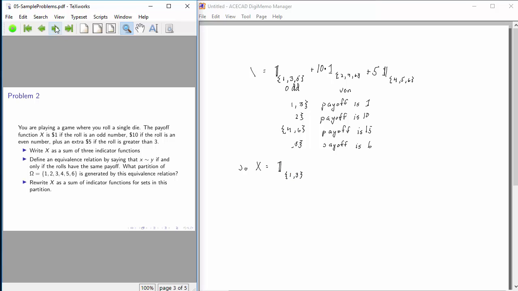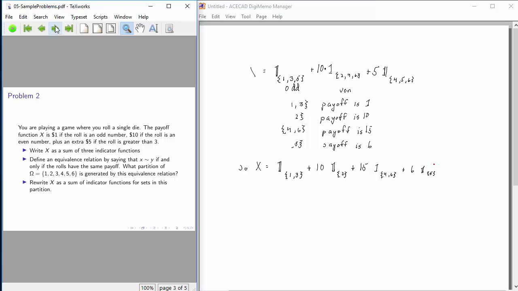The indicator function for {1, 3} plus 10 times the indicator function for the set consisting just of {2} plus 15 times the indicator function for {4, 6}, plus finally 6 times the indicator function for {5}. Once you see this, it's obvious, but it's a very nice thing to know.